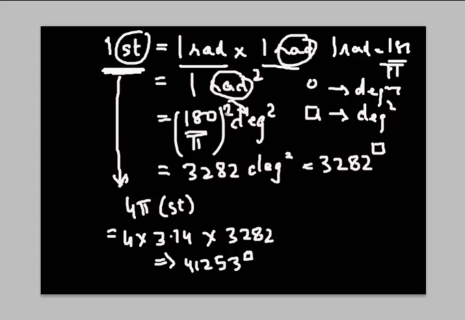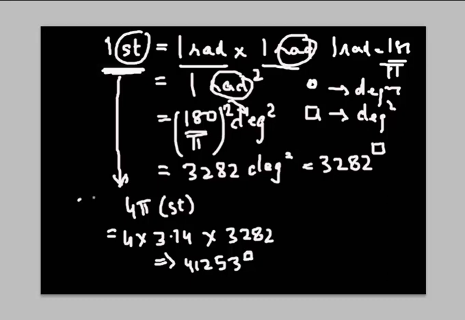So substituting this here, (180 upon pi) whole square, degree square, will give me 1 steradian to be equivalent to 3282 degrees square. And if you wish to write degree square, this is the symbol for degree square. This small circle in the superscript is degree, and this small rectangle in the superscript is degree square.